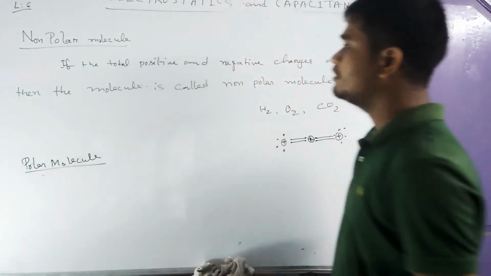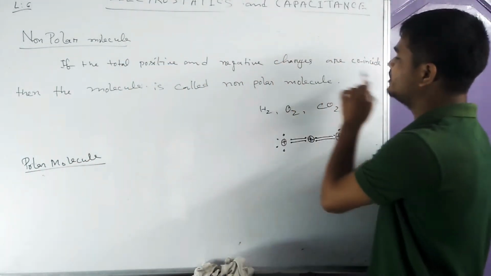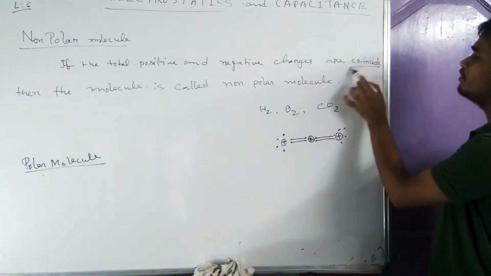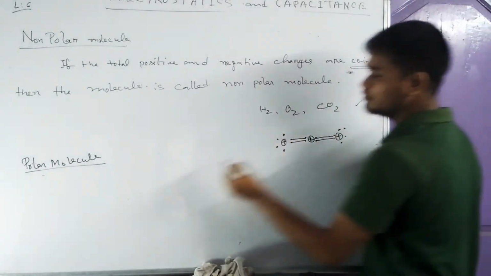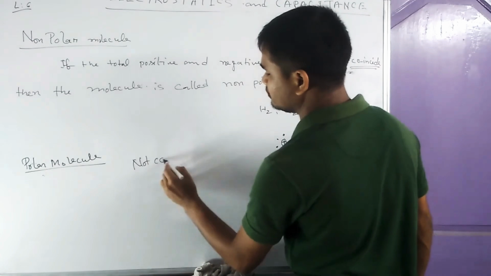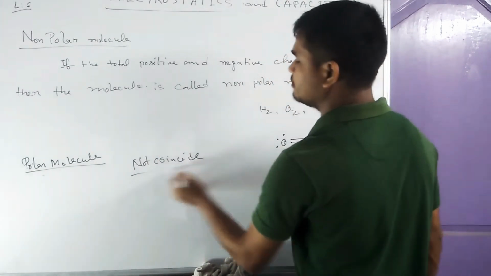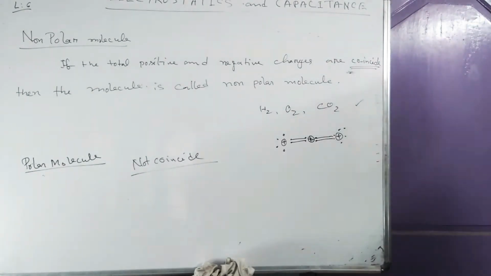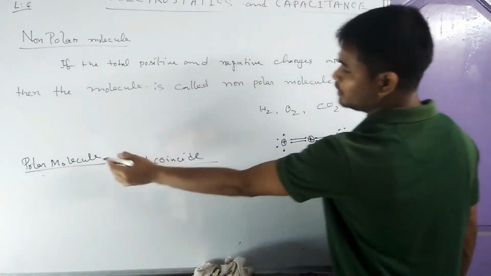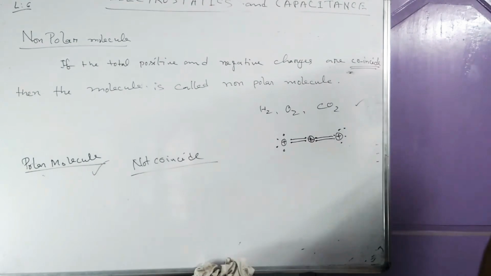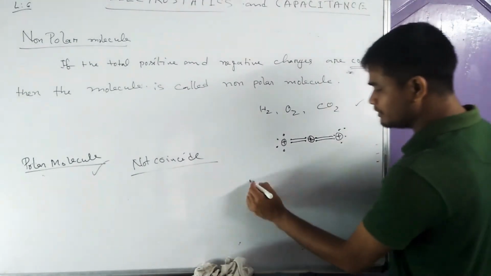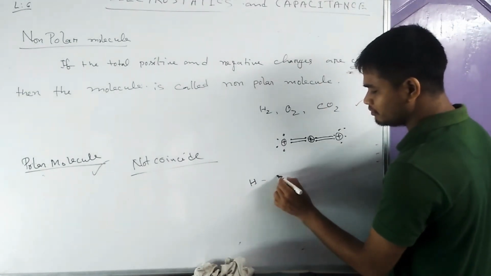Next is the polar molecule. What is a polar molecule? If the total positive and negative charges do not coincide, then the molecule is called a polar molecule. For example, HCl.